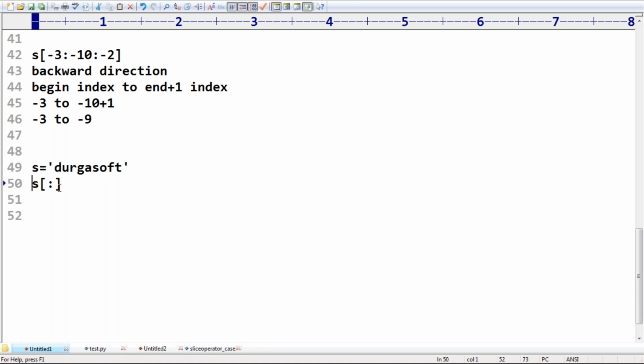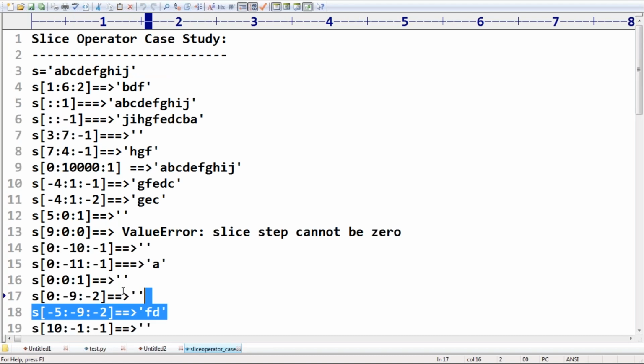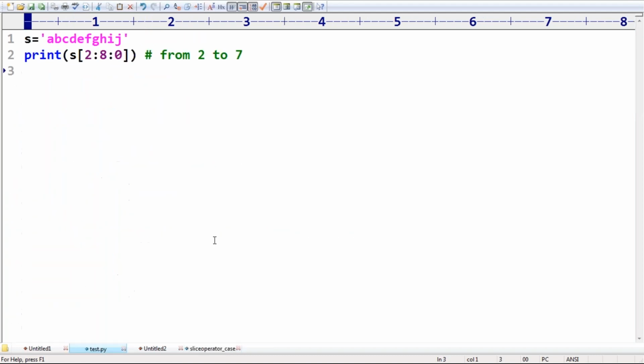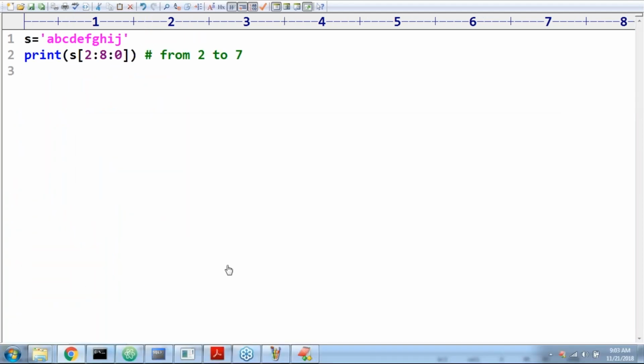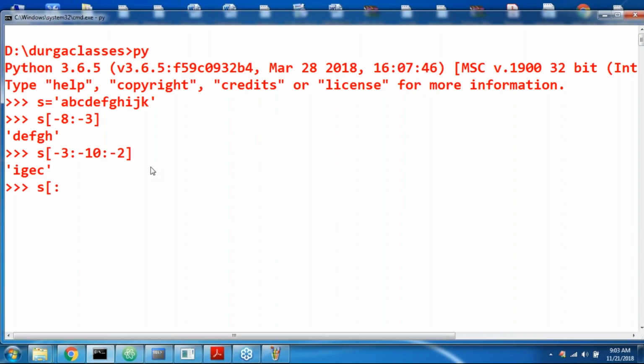It is forward. So S of colon 1 I'm taking. If I take S of colon 1, what is the output by default? Observe carefully, sir. Perfect, the total string we are going to get.